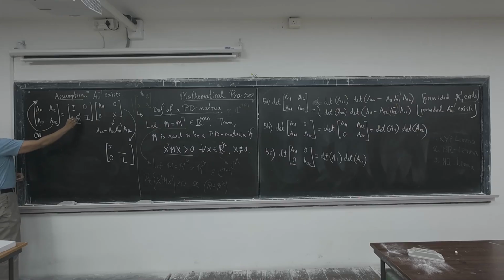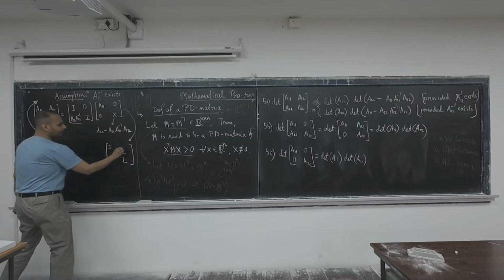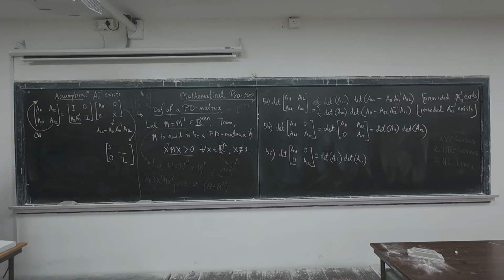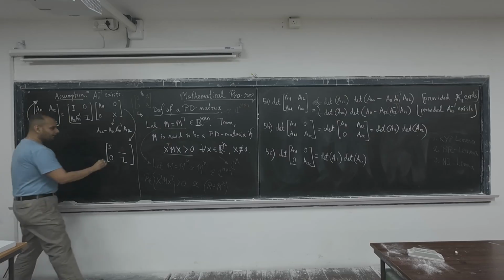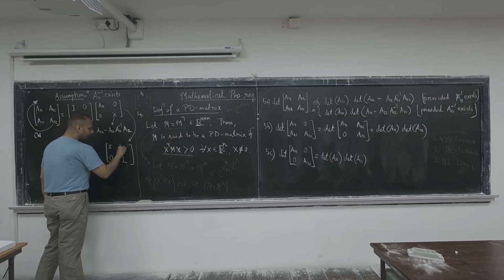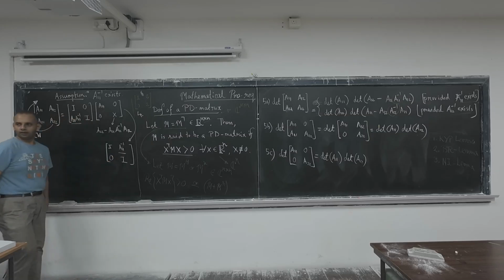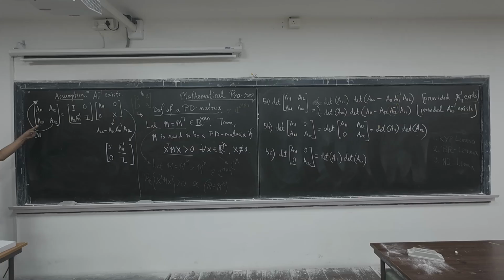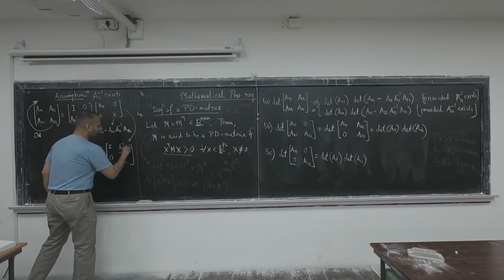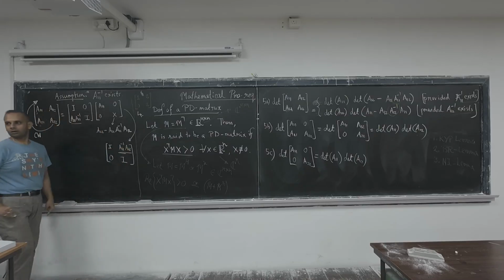So A22 into A11 inverse. Then when it is an upper triangular matrix, again A11 inverse would be there. Now along the same direction, which element is next to A11? A12, right? So that's why it will be A12 here. That is the pattern.